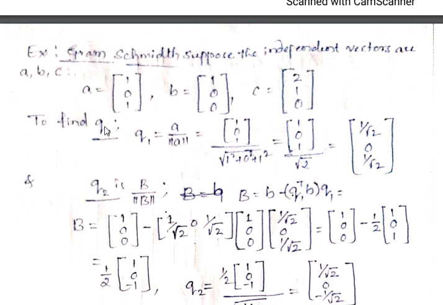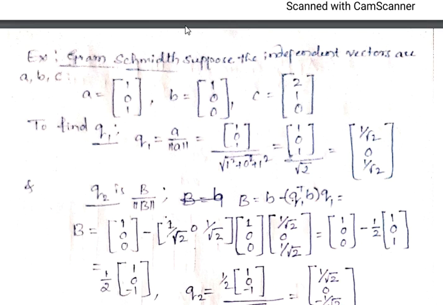In finding Q1, we know Q1 is A divided by the magnitude of A. A is this value, divided by its magnitude, the square root of 1 plus 0 plus 1, which gives root 2. So we can write Q1 as 1 by root 2 times this vector.